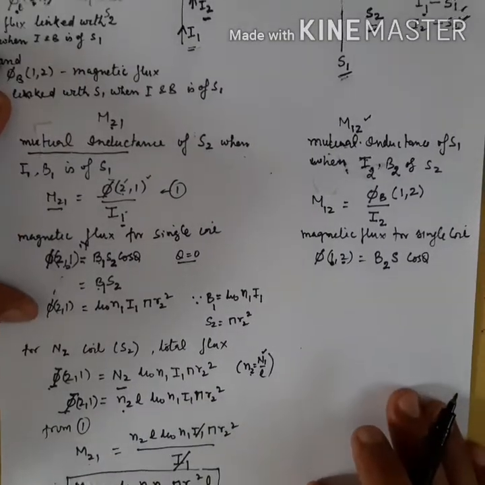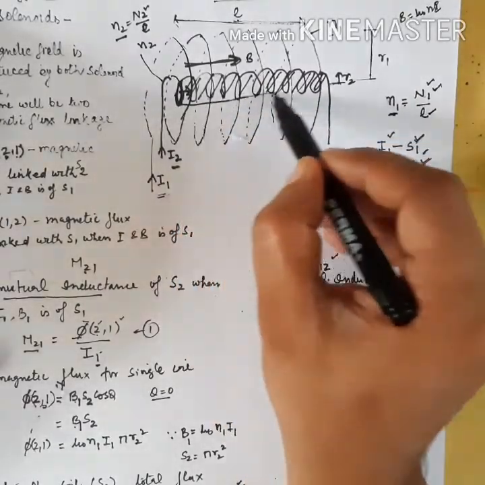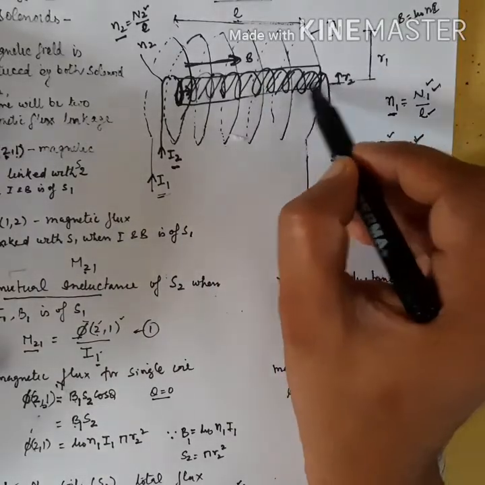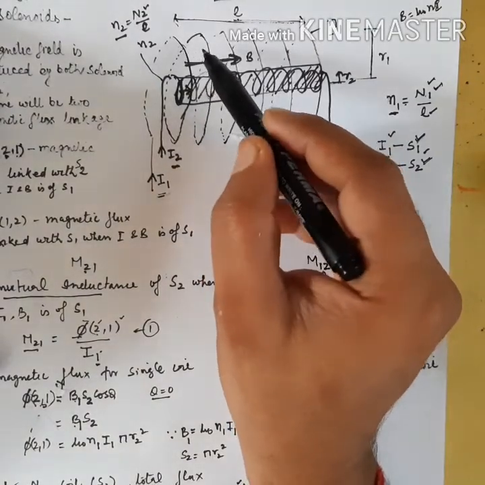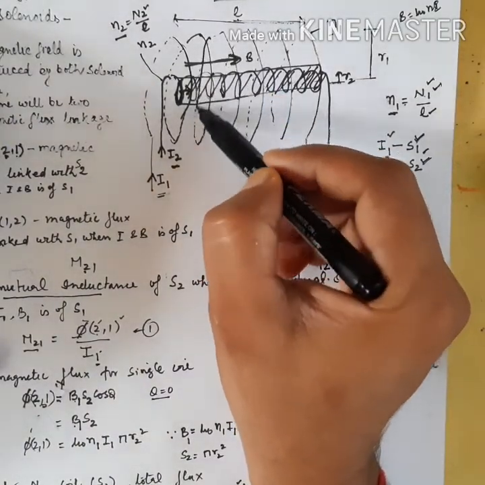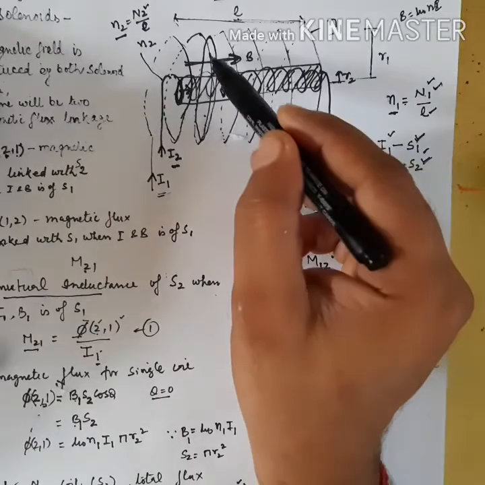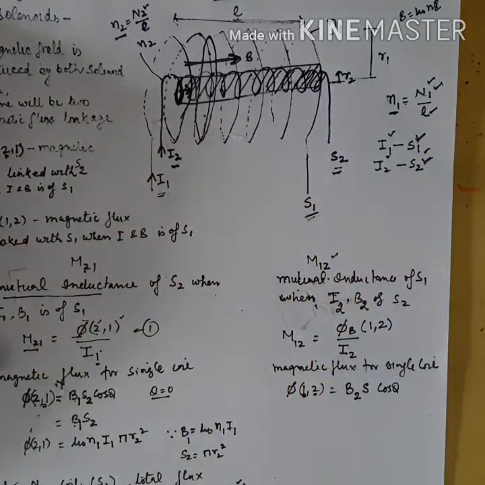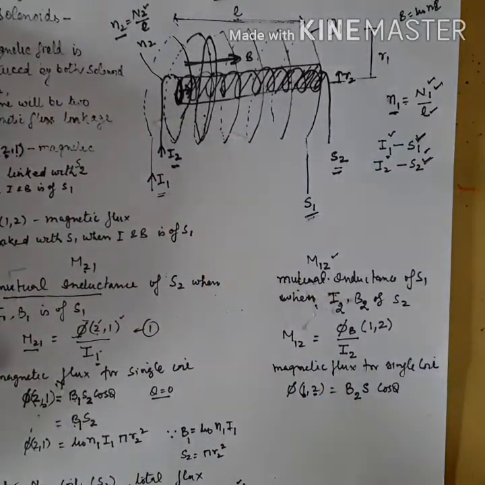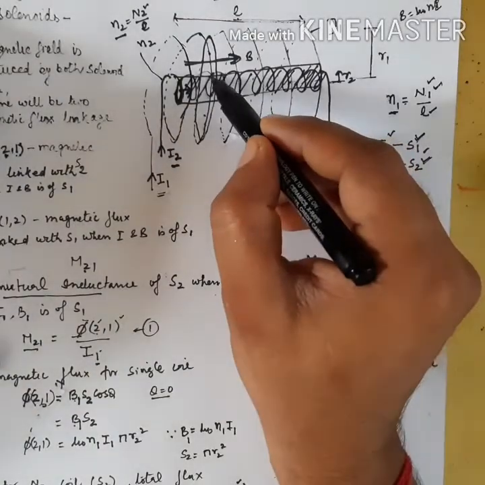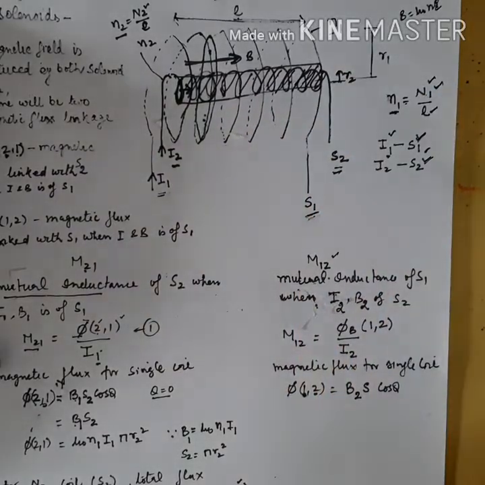But if you see this diagram, the magnetic field produced by the second solenoid lies in this region only, and I want to calculate the magnetic flux linked with this big solenoid loop. The outside area of this solenoid does not contribute towards the magnetic flux. So for this flux linkage with the first coil, we should only consider this much area, because in the outside region the magnetic field is 0.